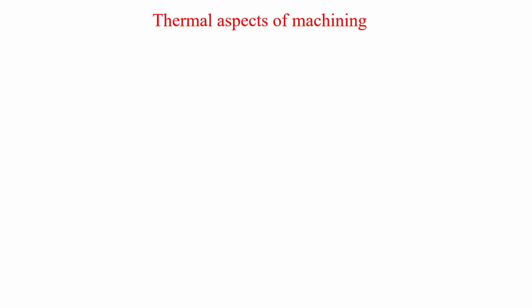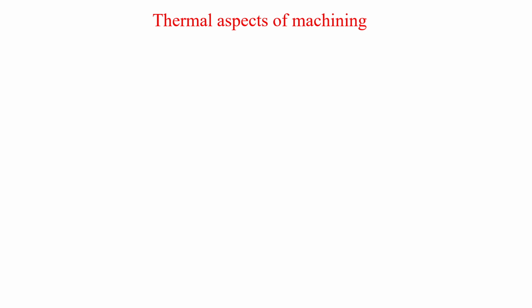We can relate this temperature increase with the force, torque, power, workpiece surface finish, and many other things. So the thermal aspect of machining is a very critical criterion for judging how your machining was or how the process parameters came out to be.